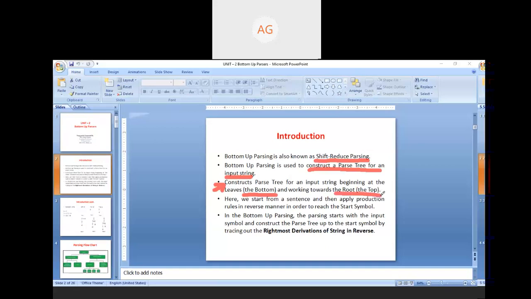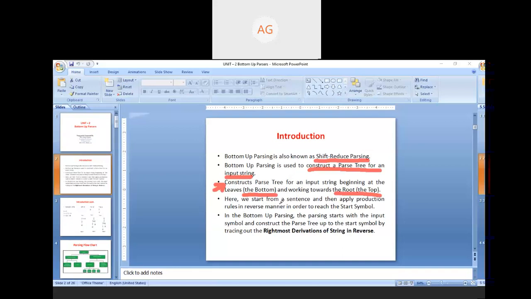It is just the reverse of what we studied in the top-down parser. In the top-down parser we move from the root towards the bottom, but in the bottom-up parser we start with the bottom and then move towards the root.